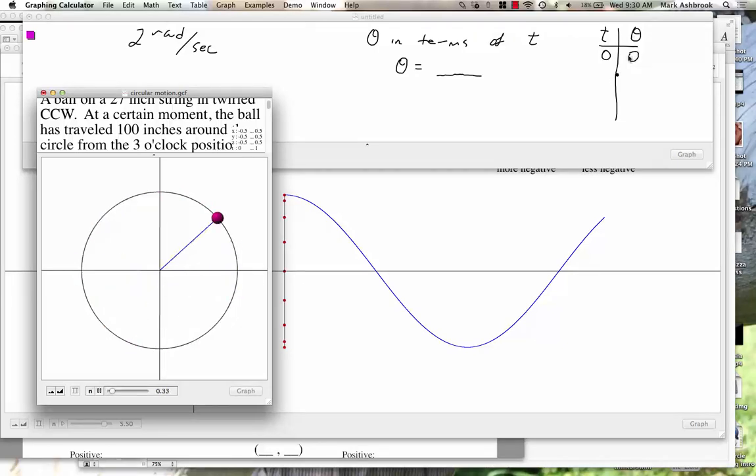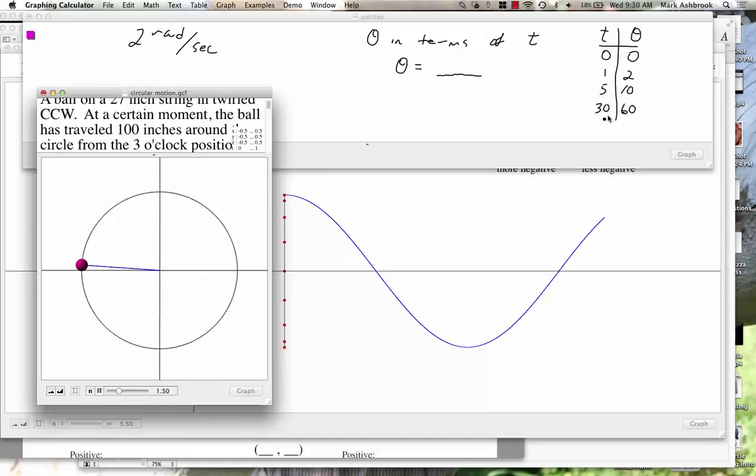After 1 second, if it's going 2 radians per second, what angle? Should make sense. 2 radians per second means every second it sweeps 2 more radians of angle. What about 5? After 5 seconds, 10 radians. After 30 seconds, 60 radians.